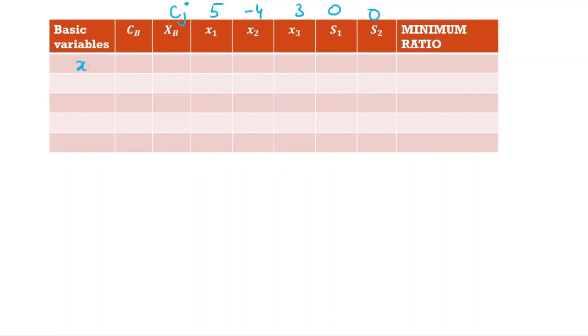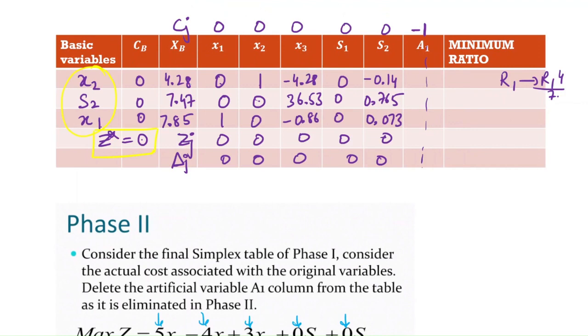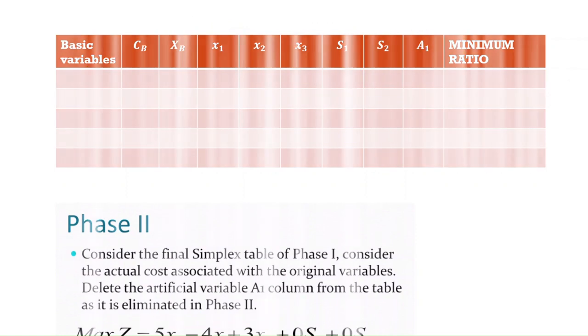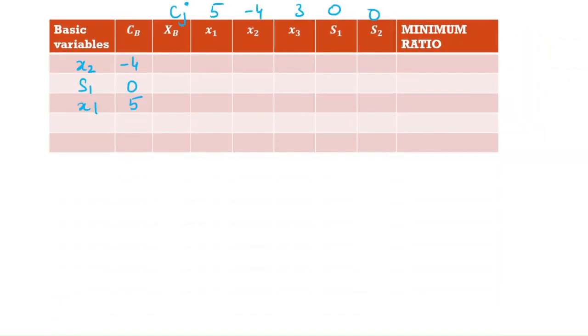Now in the basis we have x2, s1 and x1, so their cost. The rest, everything would be copied from the previous table. As we have 4.28, 7.47, 7.85, I'll take all these values and everything that is written here, and carry it forward to the next iteration table in phase 2.